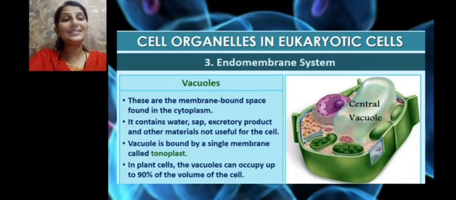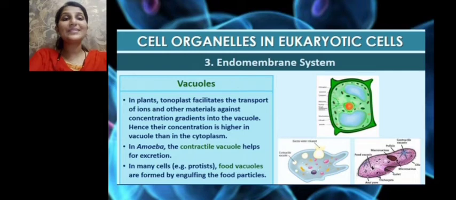In plant cells, the vacuole occupies 90% of the volume of the cell. We can see this is a plant cell which has the central vacuole occupying almost 90% of the intracellular space.